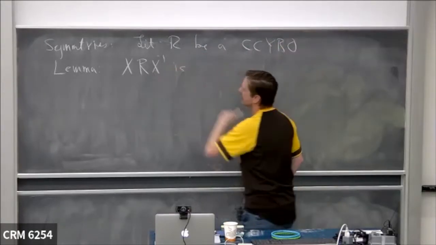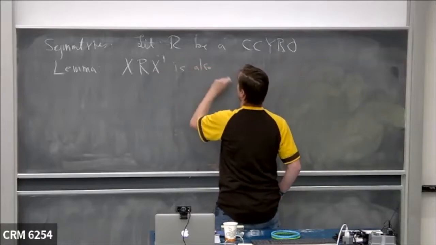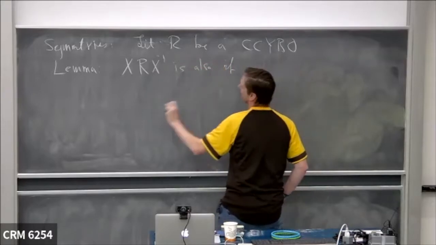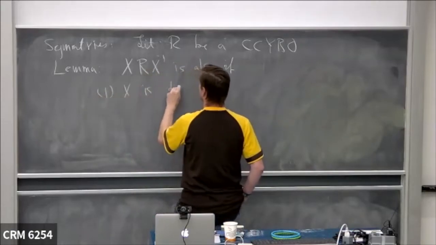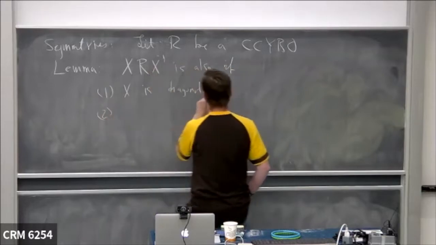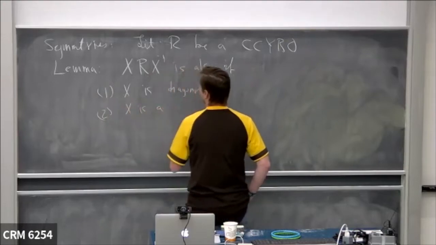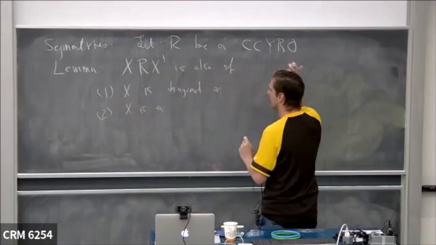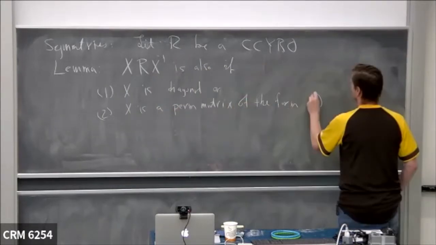Then X R X inverse is also charge conserving if one of two things happens: X is diagonal, or X is a matrix of the form Q tensor Q.